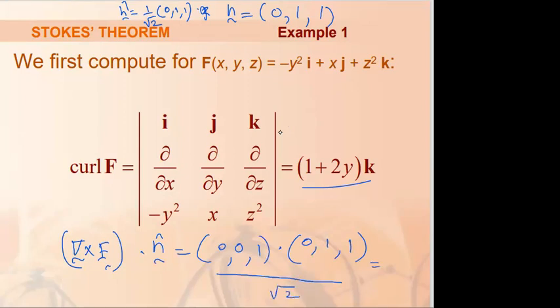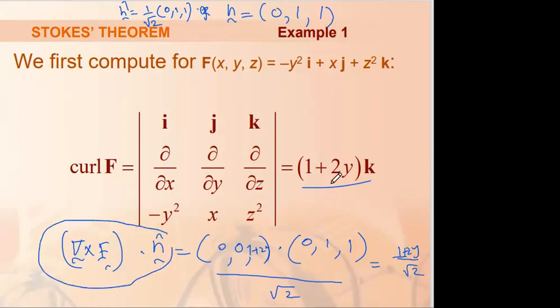So this is 1 plus 1 plus 2y, so 1 plus 2y divided by square root 2. So this is this bit.